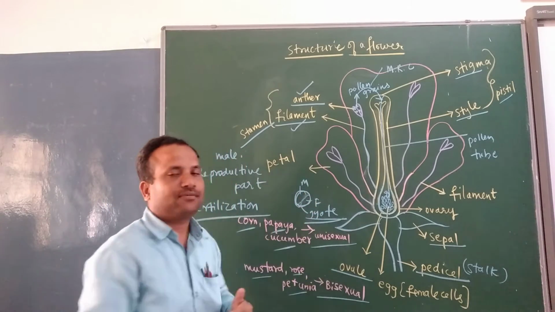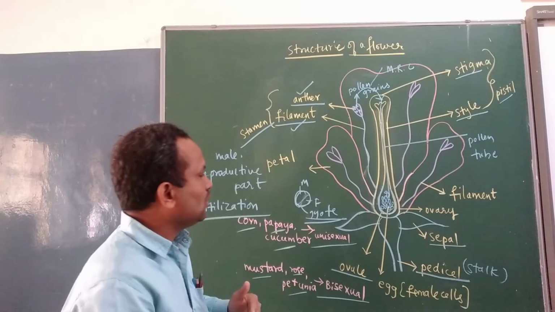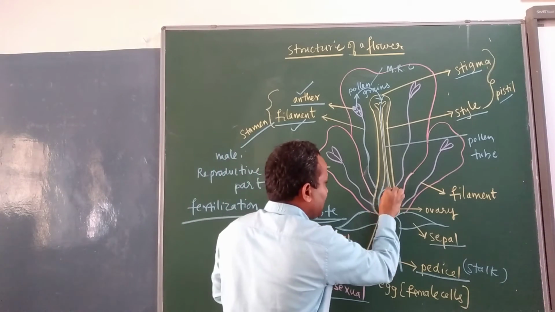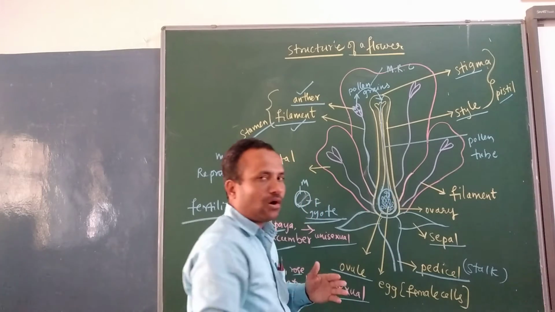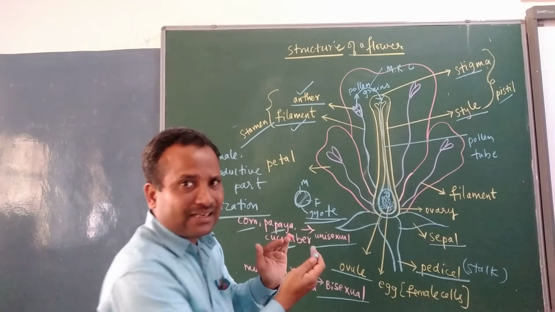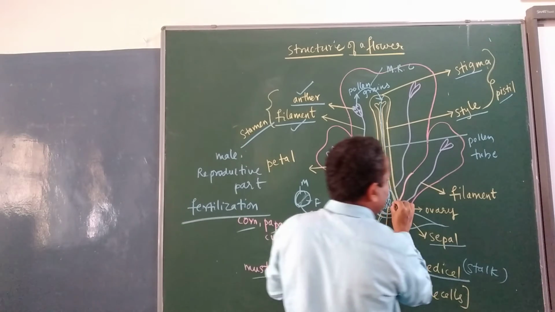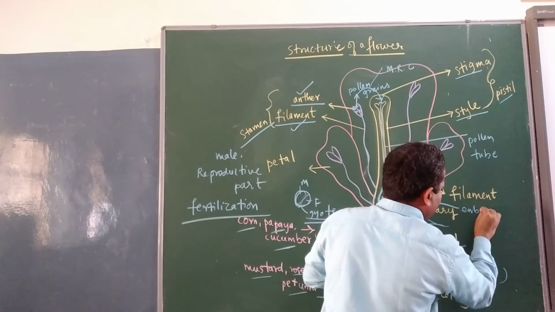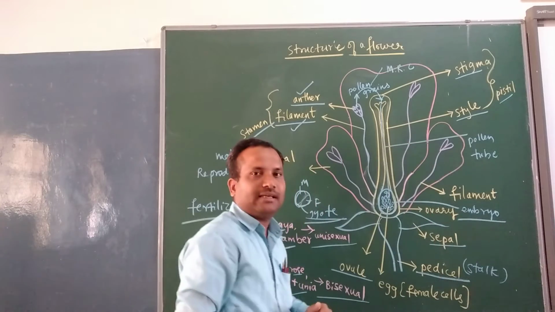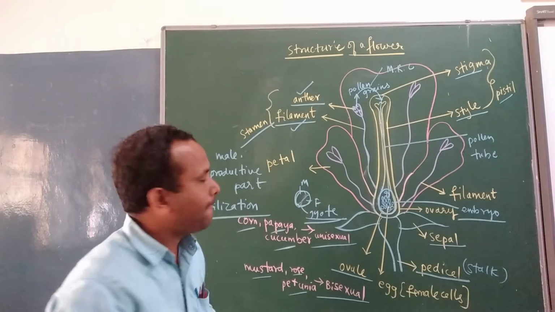After a few days, the zygote develops and becomes like a complete cell. It develops further into an embryo.